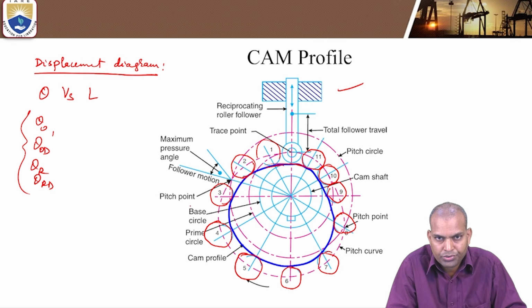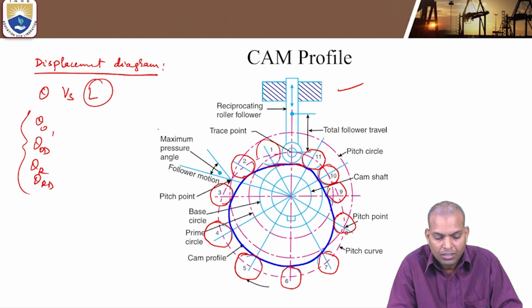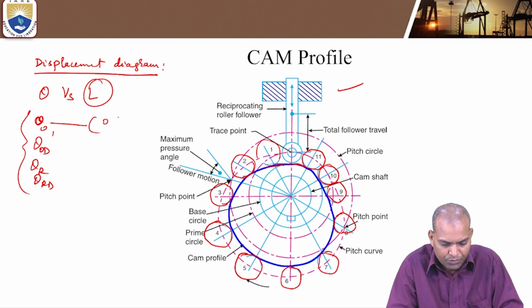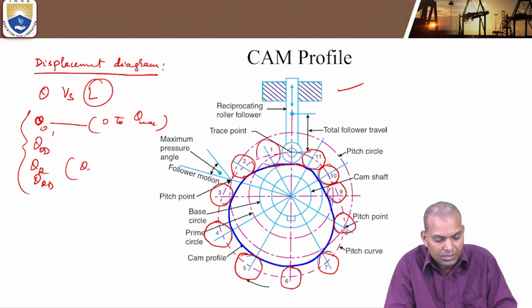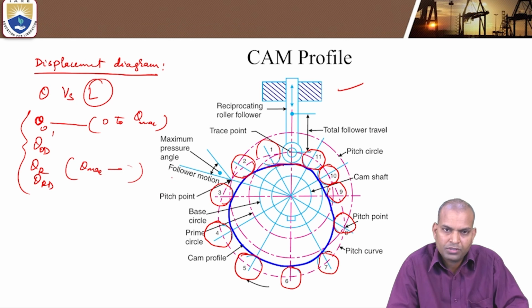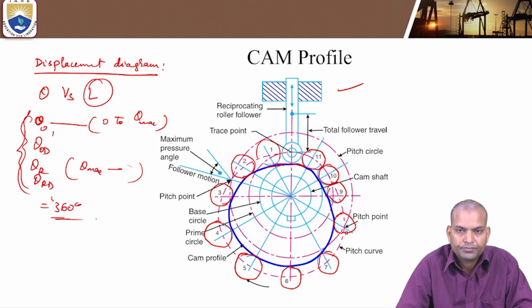At these strokes, the lift of the follower gives the position of the follower. During the complete outstroke, it begins from 0 to the maximum value, and during the return stroke, from theta maximum back again. But the sum of all these angles of rotation is equal to 360 degrees.